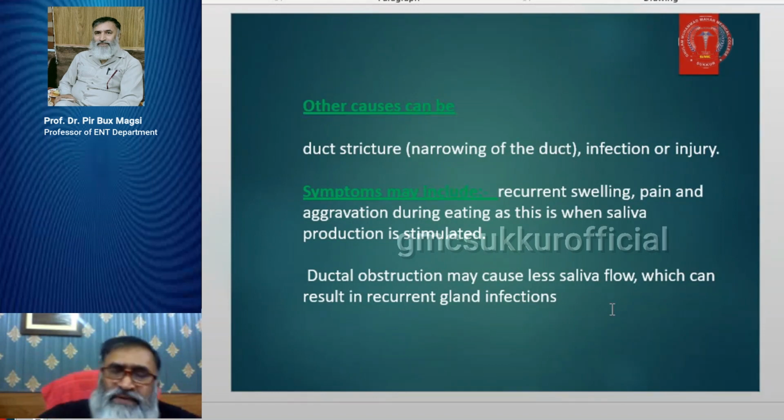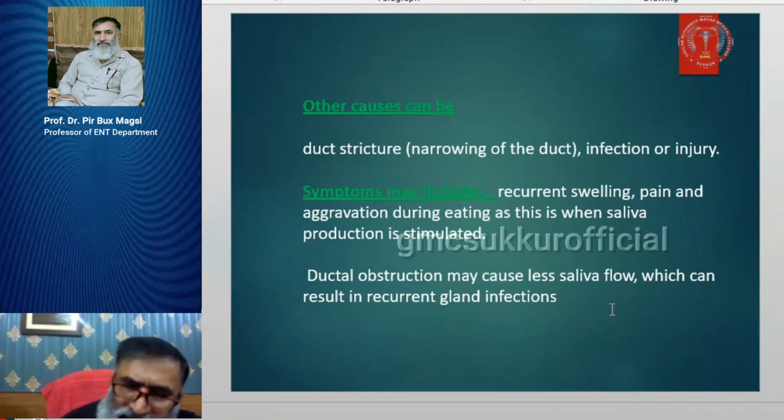When the patient eats, the parotid gland swells because of increased production during eating. Duct obstruction may cause less saliva flow, which can result in recurrent gland infection.